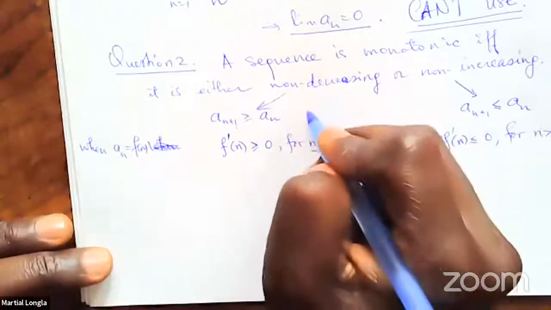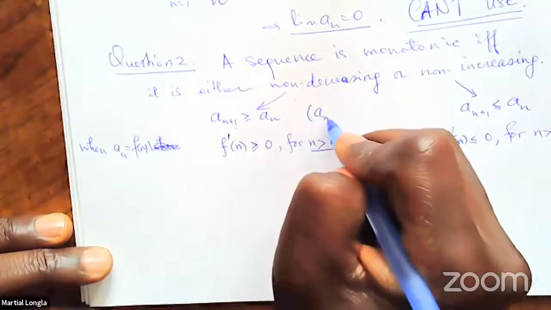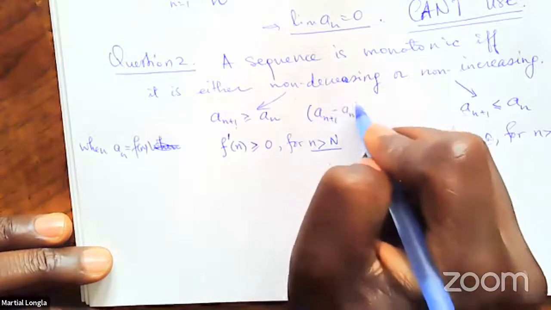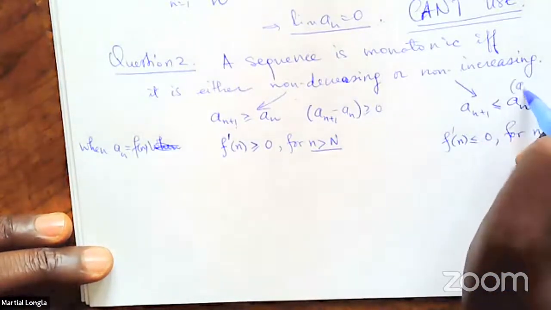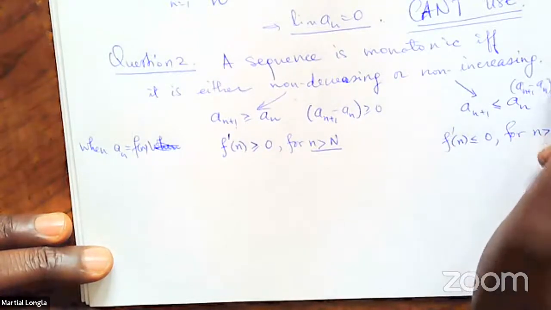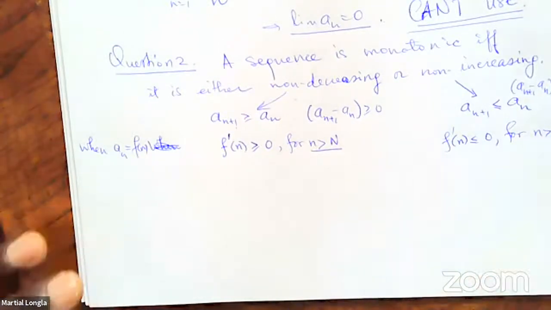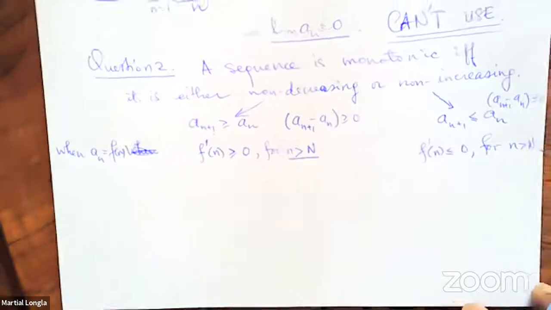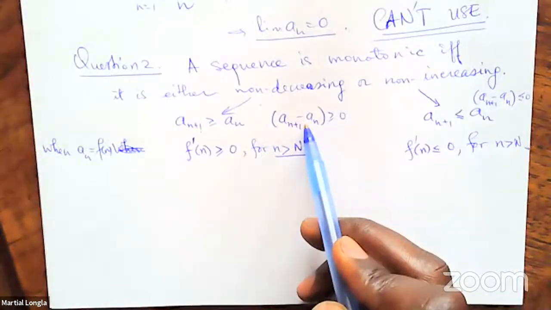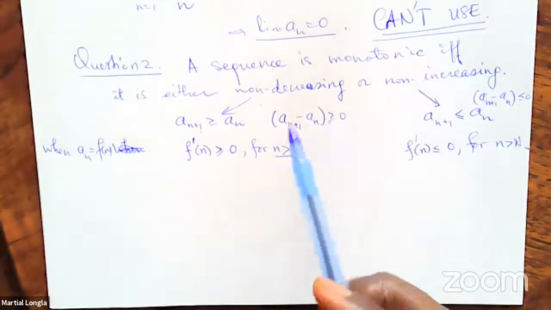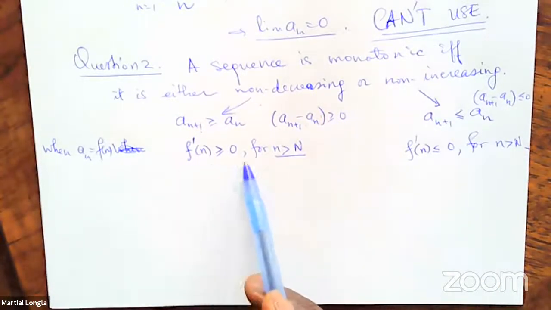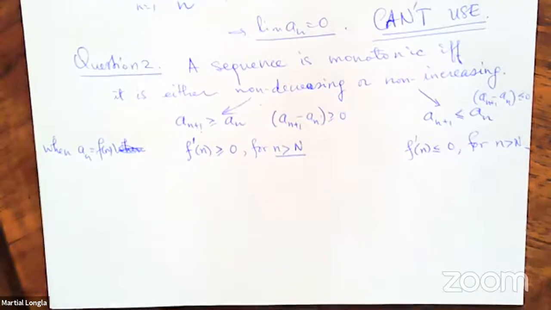This here is the same as an plus 1 minus an larger than 0, and this is an plus 1 minus an less than or equal to 0. So you need to either do this computation or do this derivative, depending on the case.